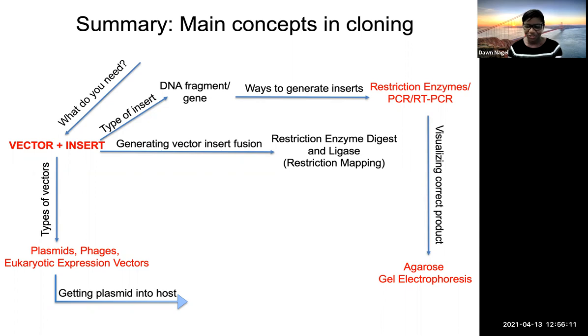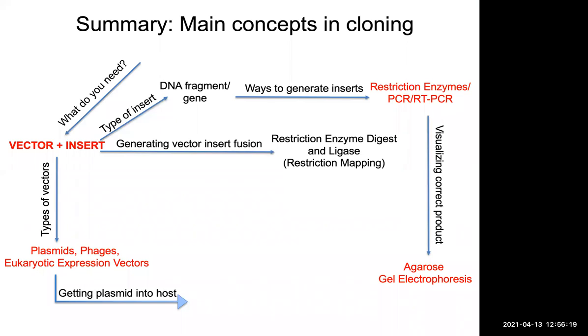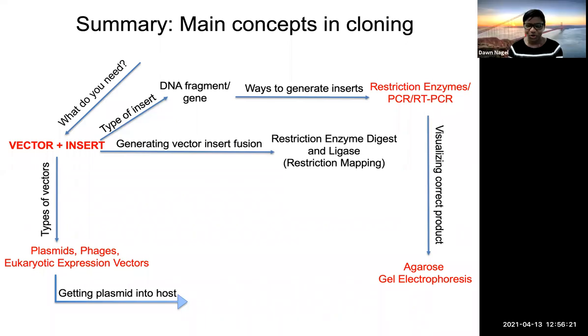The shocking is really, pardon? Electroporation? Yes, exactly. Electroporation is one method of transformation. You can use a chemical method, or you can use electroporation. Knowing those 2 methods is important.